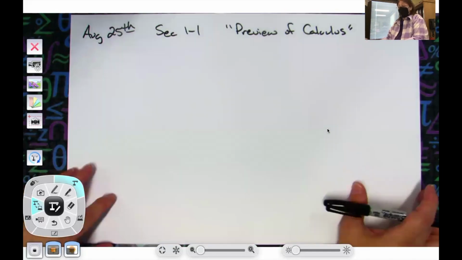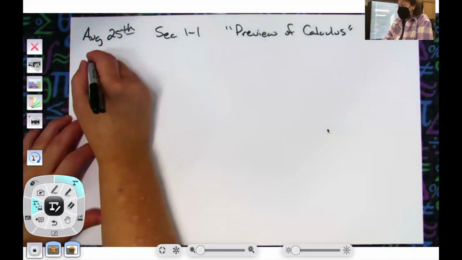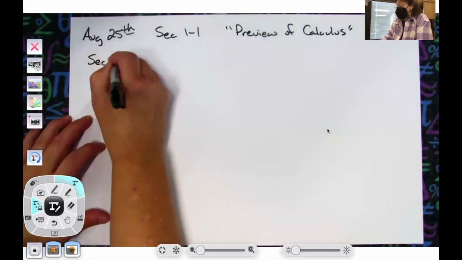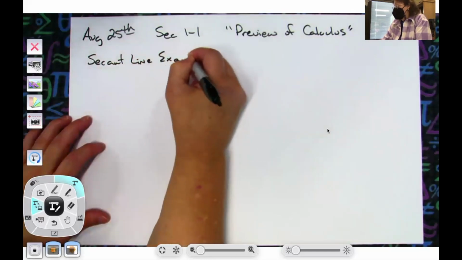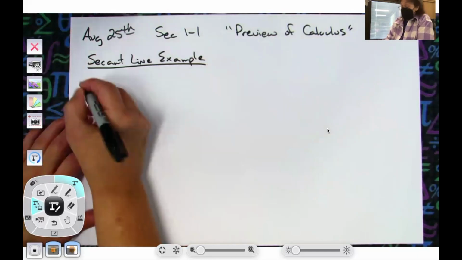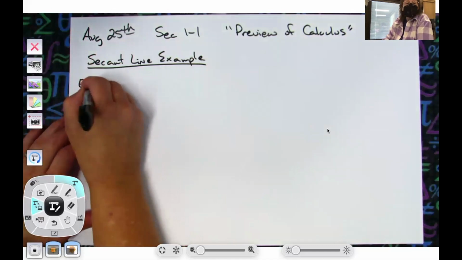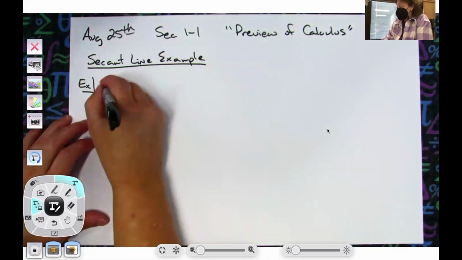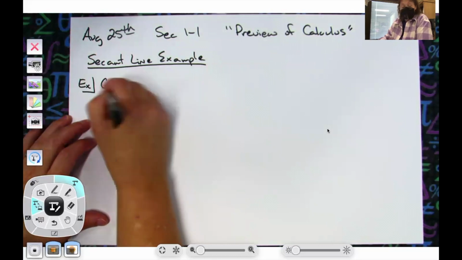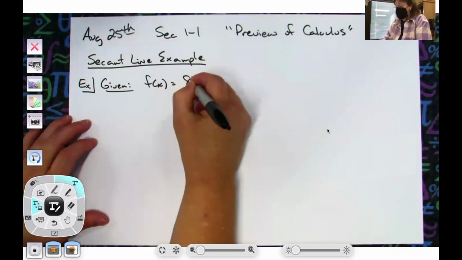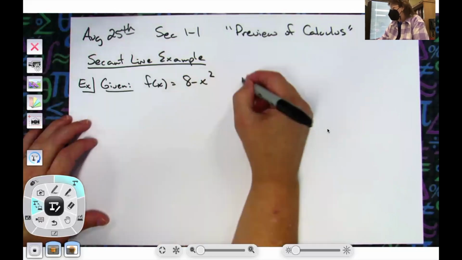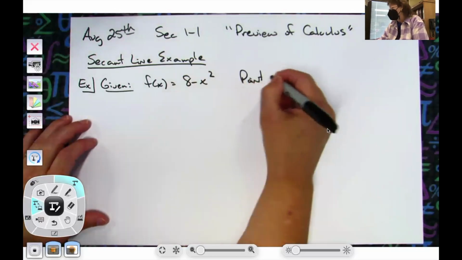Okay, so we're going to look at a secant line example. Let's suppose we are given f of x equals 8 minus x squared, and we're given the point 1, 7.